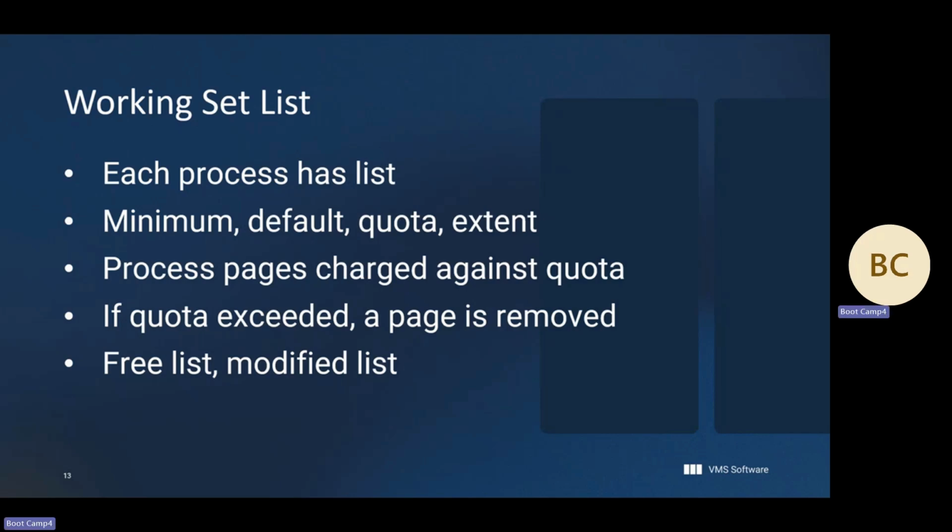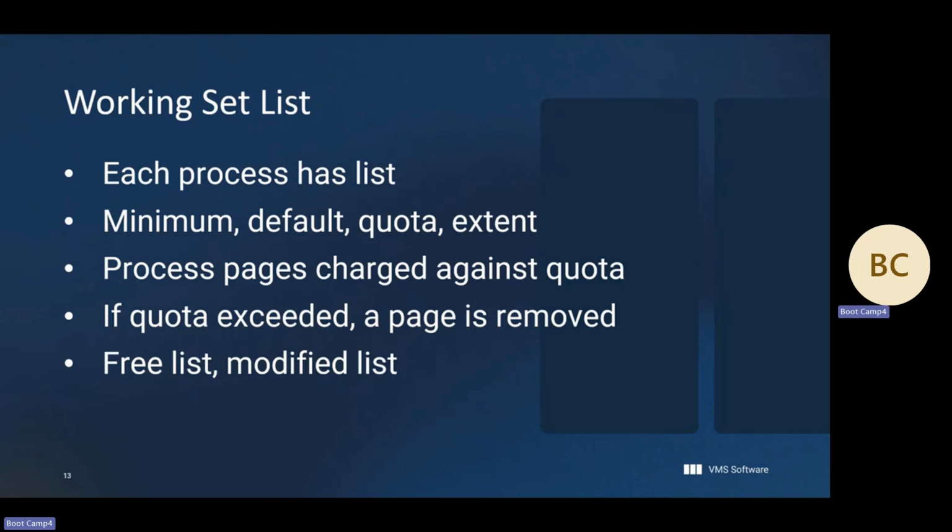And then there's the free list and the modified list. While we're keeping track of the process's memory, if we decide to remove a page from your virtual memory, it doesn't necessarily get written out. It just stays in memory till we need it.